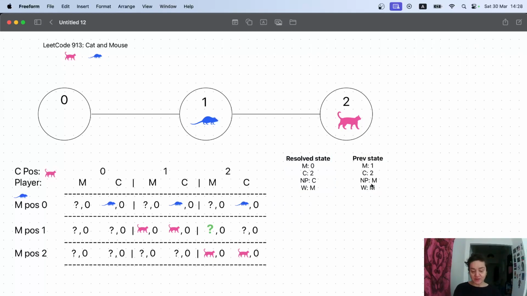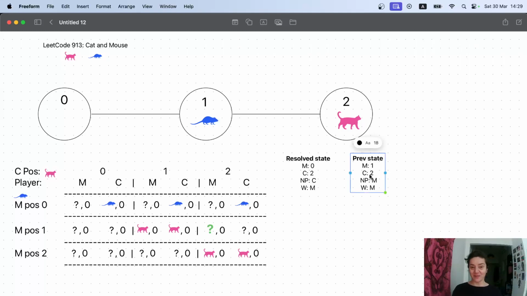Because it's the mouse's turn, as we can see, and he made just one move on this turn of his, and he made the move onto winning. So already in this state he was the winner. And as we can see with our eyes, we don't really have to do this to see that he won. When we look at this graph and we know the mouse is about to play, we already see he's the winner. Great. So we have resolved a new state.